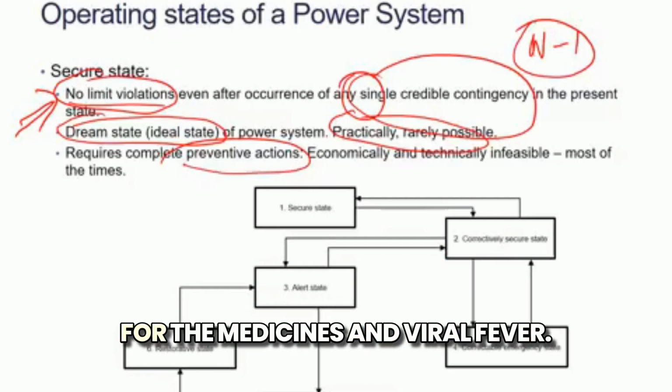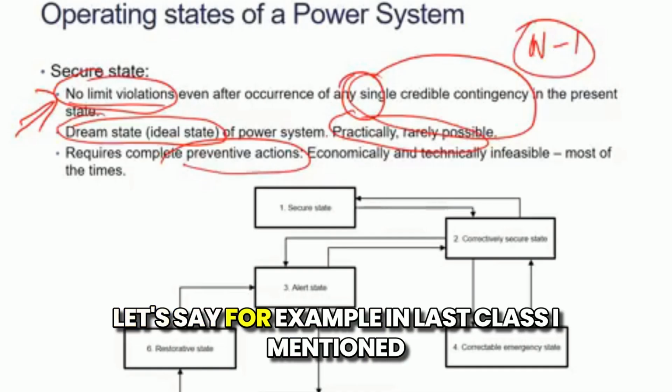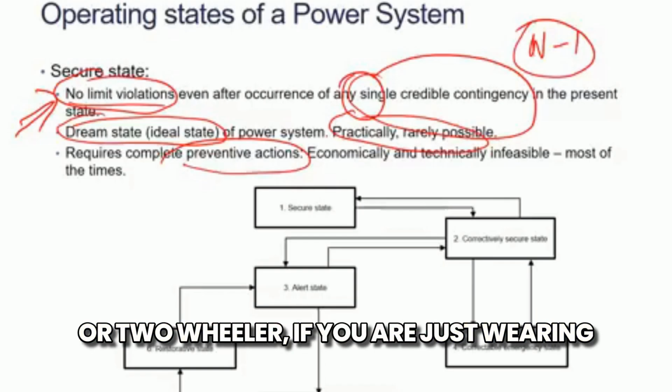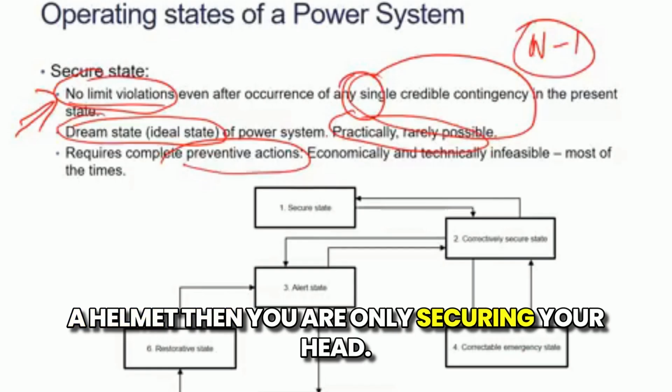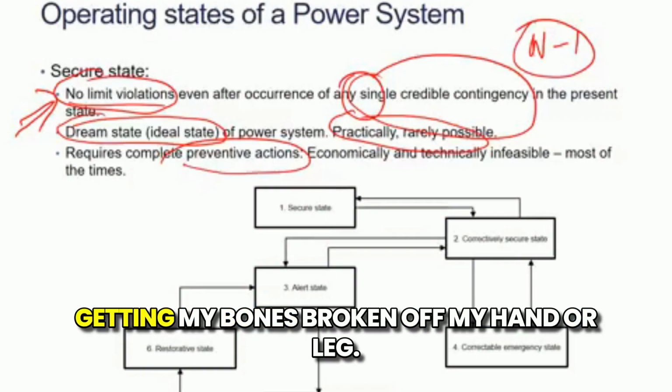I gave an example of medicines and viral fever. In the last class I also mentioned that if you are traveling by two-wheeler and wearing a helmet, you are only securing your head. There is still a chance of breaking a bone in your hand or leg.